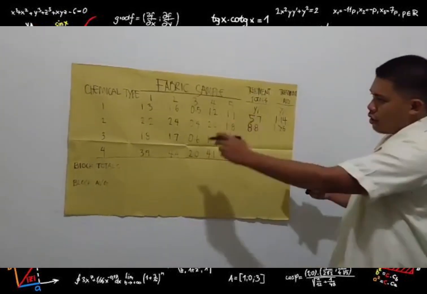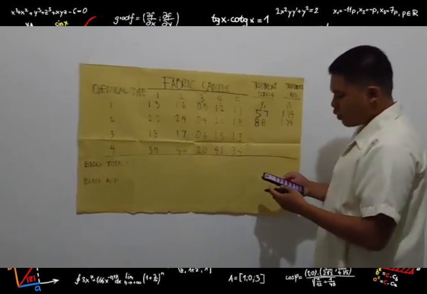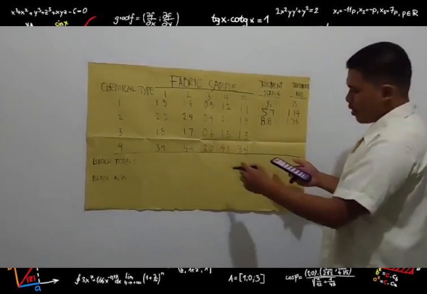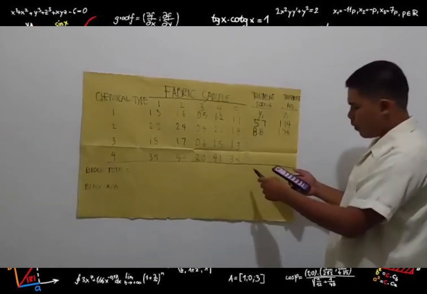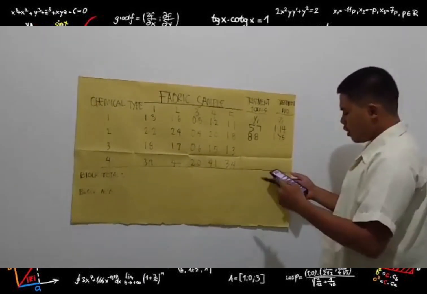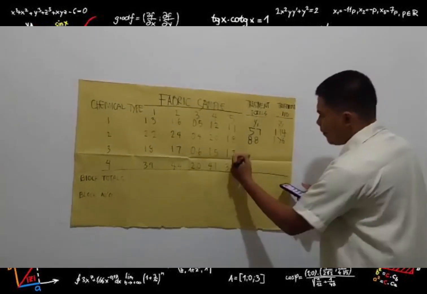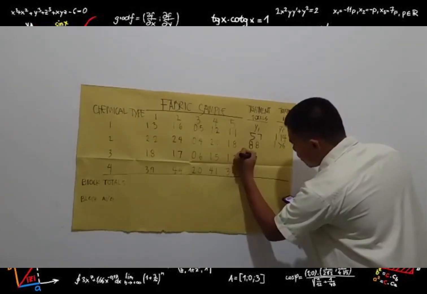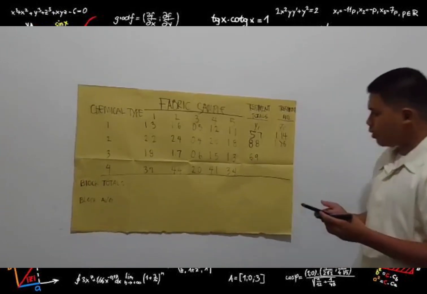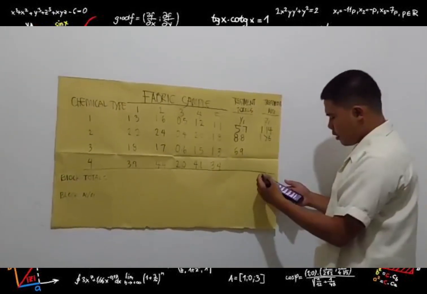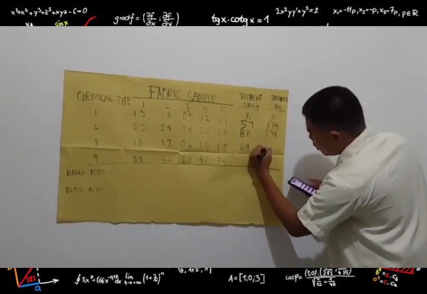And on chemical type number 3, we also do the same thing. 1.8 plus 1.7 plus 0.6 plus 1.5 and 1.3, which is close to 6.9. And also divide it by the number of fabric samples, and it is equal to 1.38.